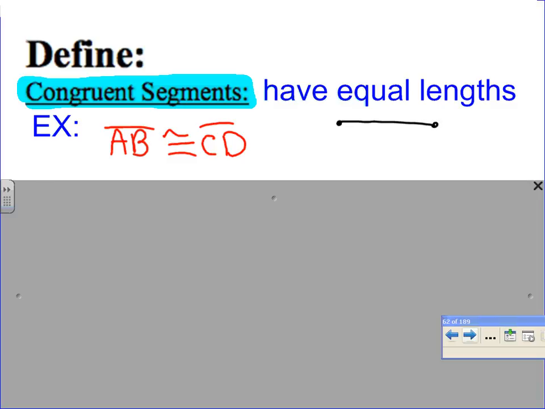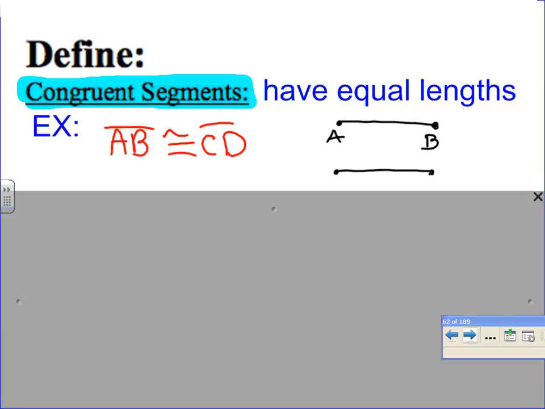So I'm going to draw 2 segments up here, and then I need to explain a couple more things to you guys. So here are the congruent segments, AB and CD.